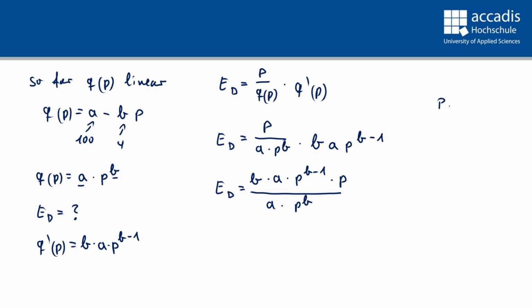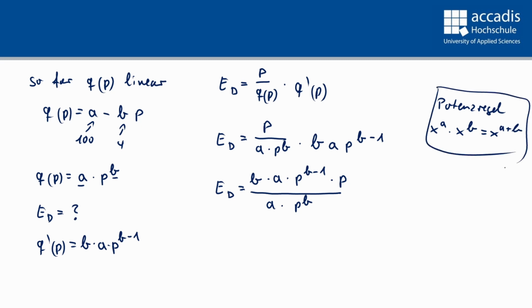Now, you might remember the Potenzregel from your math class. If you have x to the power of A times x to the power of B, it is simplified as x to the power of A plus B. And we can use this here.